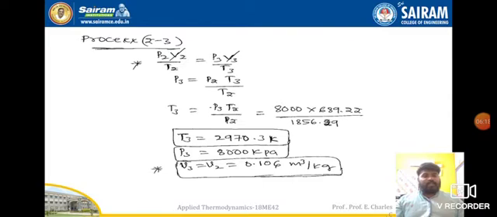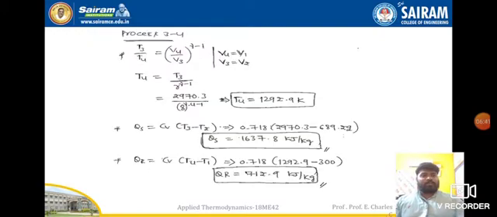But T3 is not known. If you substitute the values which are known, we will find out the T3 value and P3 value, and here V3 is equal to V2, since it is a constant volume process. The 2 to 3 process is an isochoric process. That is why both the volumes are the same in this problem.